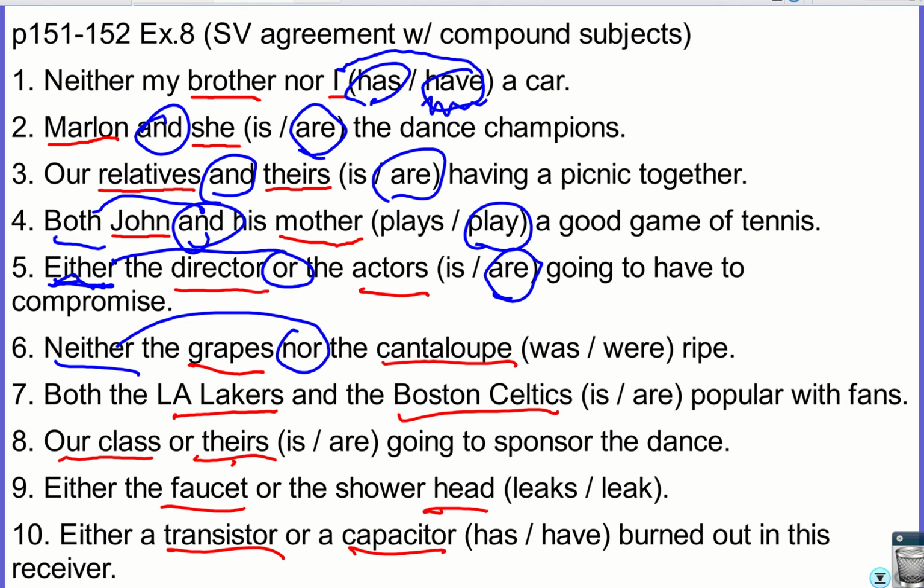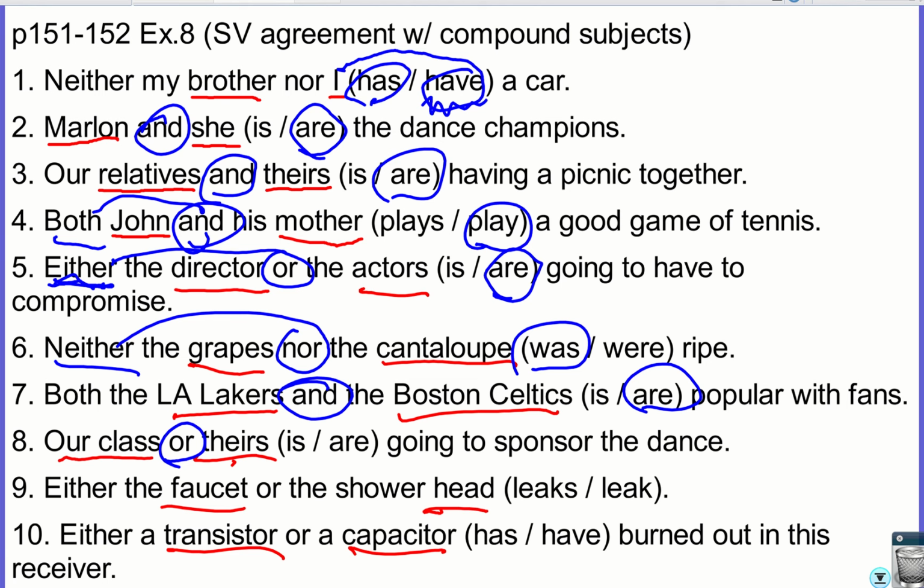Number six, nor is our conjunction. And so we're going to go with the subject that's closer to the verb. So that's cantaloupe, was is the answer. Both the LA Lakers and the Boston Celtics are popular with fans. Our class or theirs, and I just want to point out on this, theirs, yes, it ends in an S, but that's not a plural pronoun.